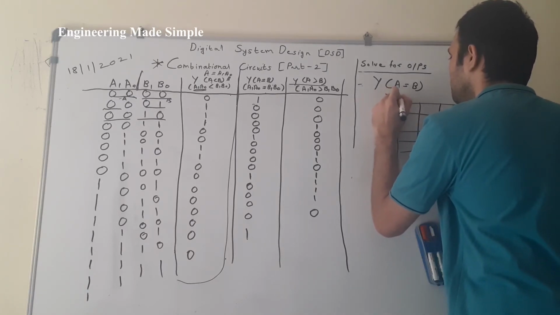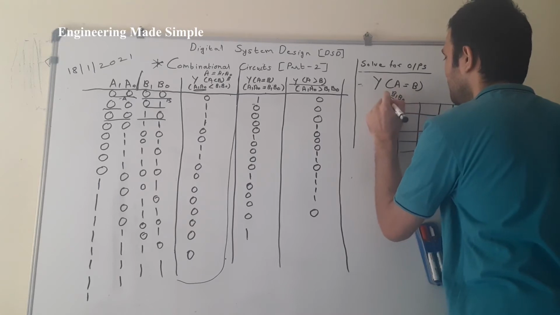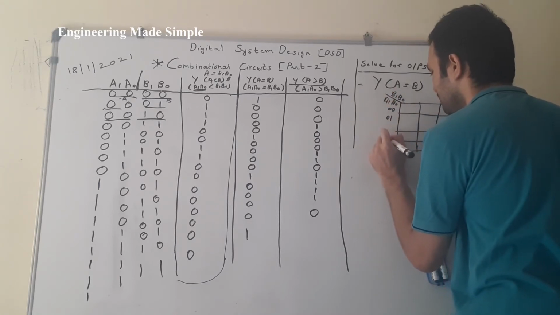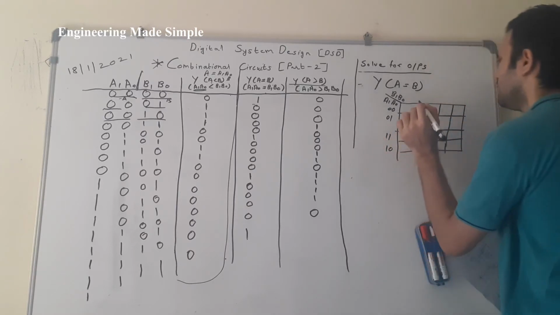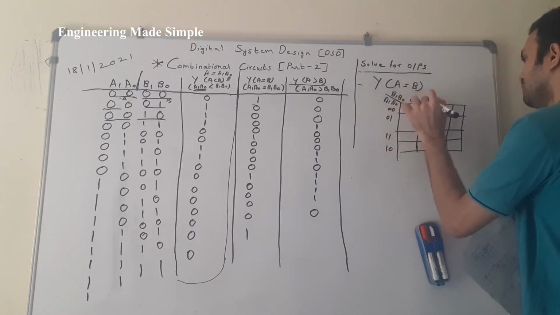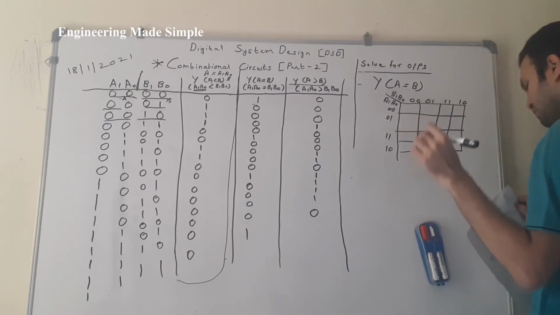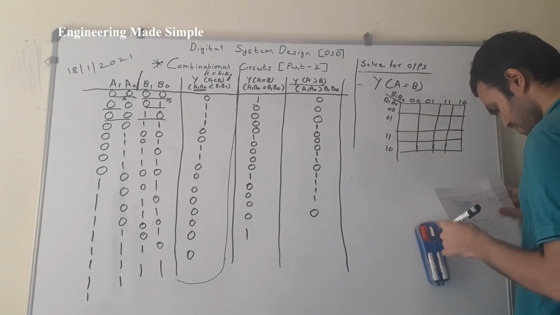This would be B1 B0, this would be A1 A0. Let us label this: 00, 01, 11, 10 and 00, 01, 11, 10.